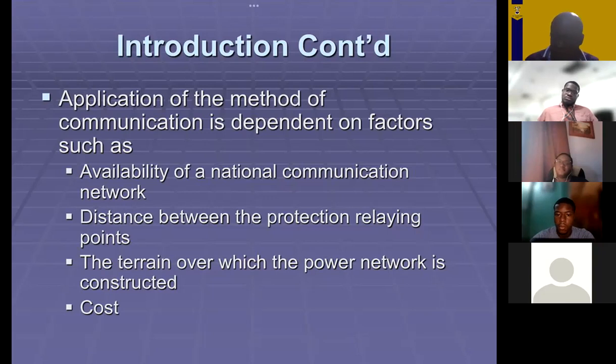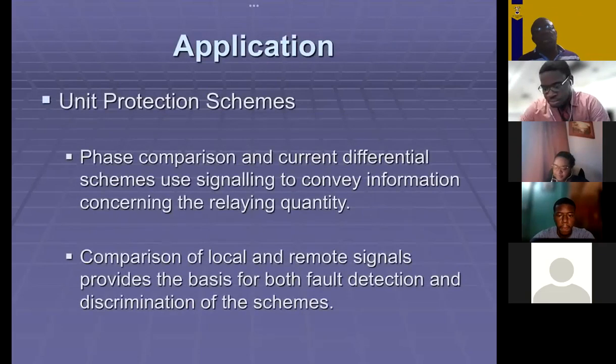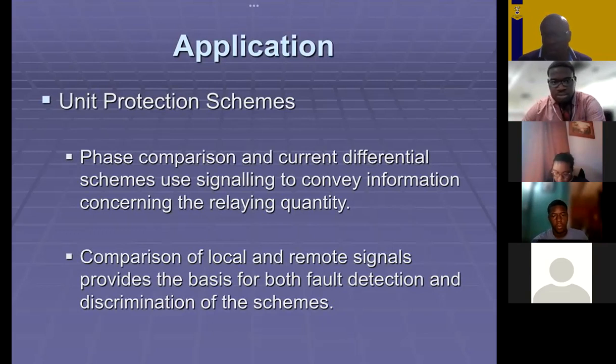All right, so in terms of application, I'm now going to try and tie it to the schemes that we looked at last time. We think of unit protection. And as I said, although this is unit protection, differential protection, whether it is by phase or current, signaling is used to convey information concerning the relaying quantity.